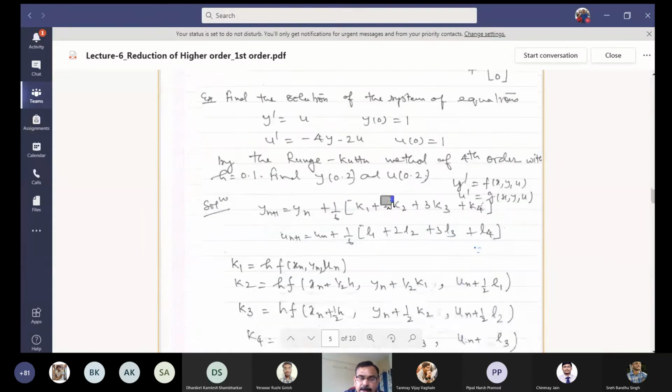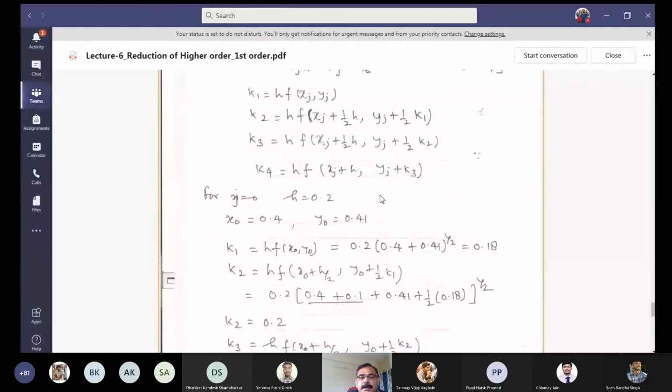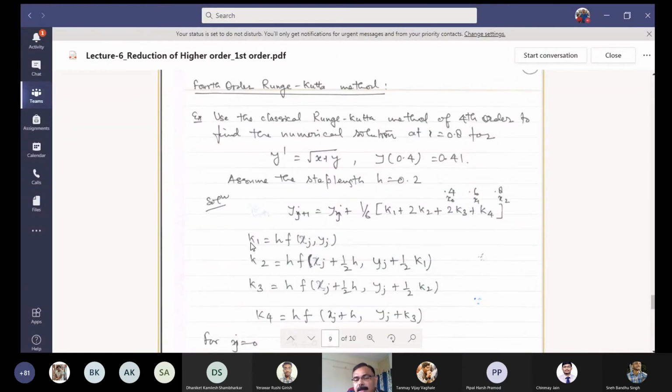Now, if you see this fourth order method for a single equation, K1 was h of f of xj, yj. Only yj is there. Similarly here only yj is there, and in K3 also only yj, because there was only a single equation in y. Yes, sir. Okay.